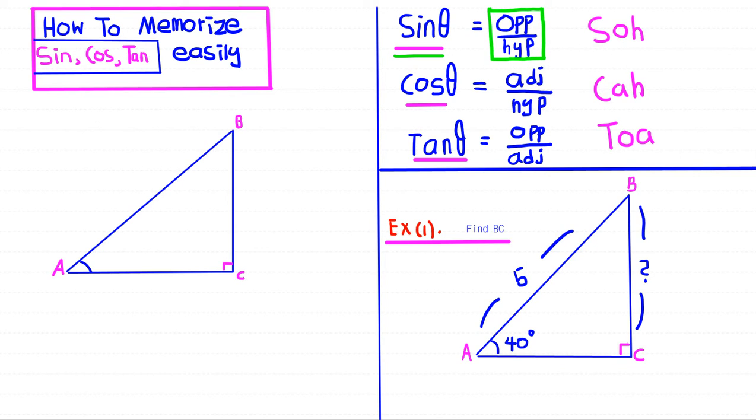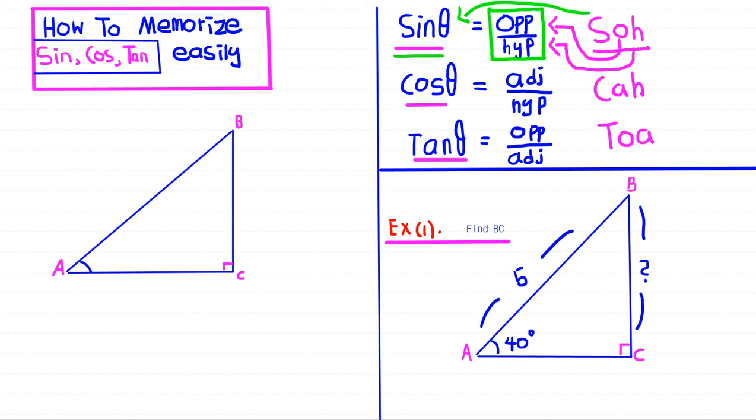The first part, SOH, literally means S, which is sine, is equal to O, which is opposite side, over H, which is hypotenuse.